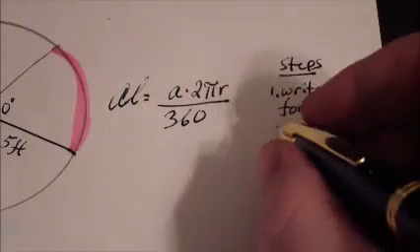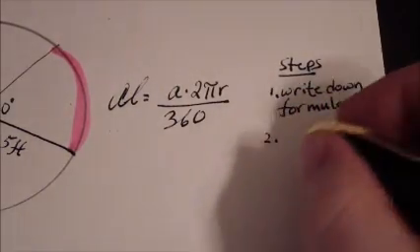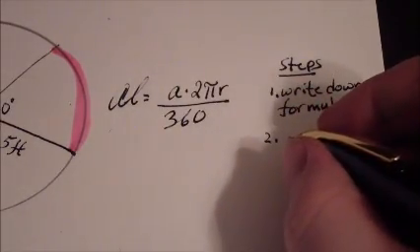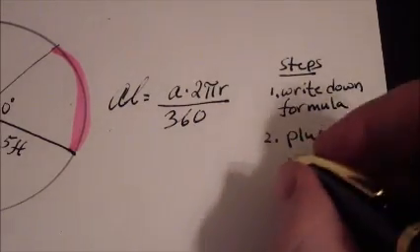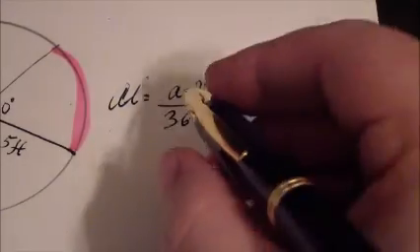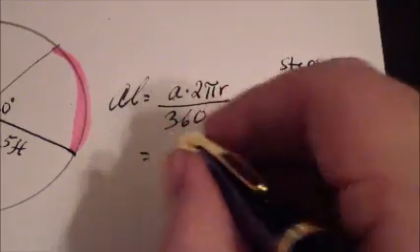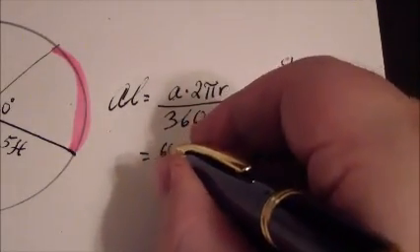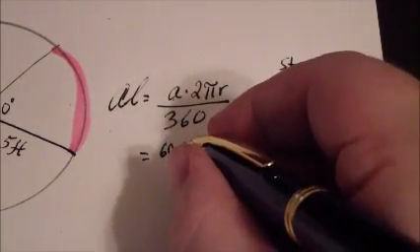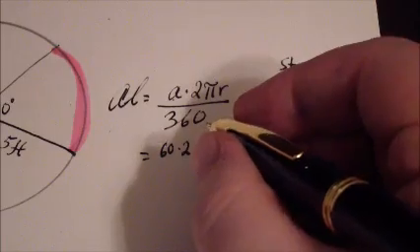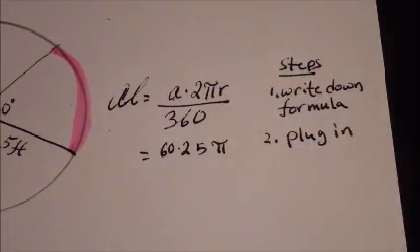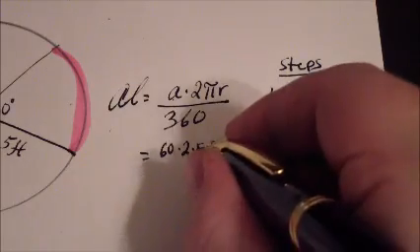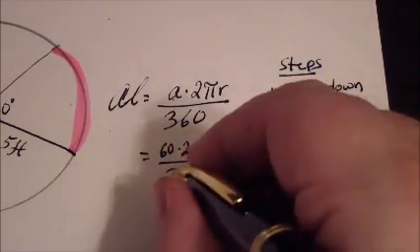Once we've done that, step 2: plug things in. We know all the pieces of the puzzle right now. We have our A. A is 60, so we have 60. We have our 2. The radius is 5. Leave the pi on the side. All over 360.